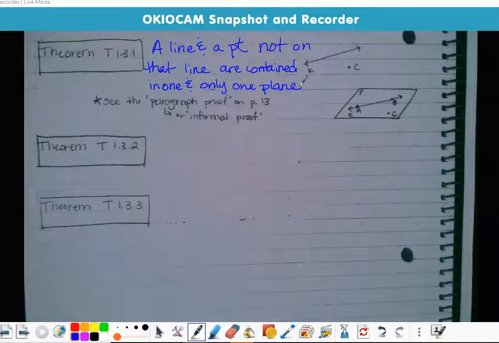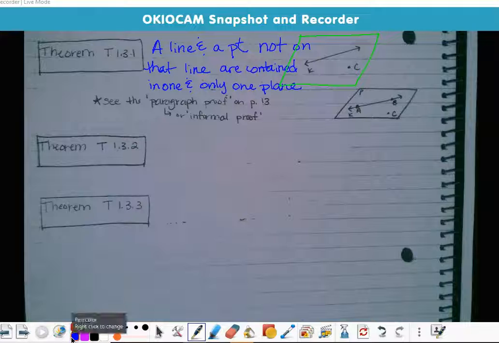So if I was going to draw a plane, I could only draw one plane that would contain all of those. I couldn't draw an intersecting plane because the intersecting plane would also intersect that line. You can also look in your book; there's a paragraph proof on page 13, an informal proof. I wasn't going to copy that all down. It's not that relevant. As long as you know the theorem, I don't feel like you need to know the proof at this point.